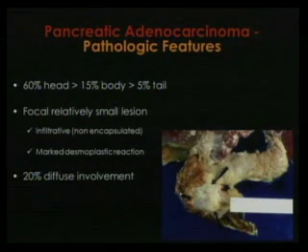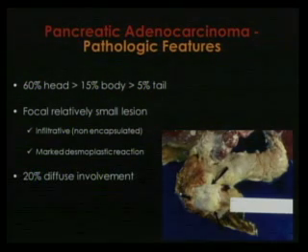Most of these tumors are located in the head, 60%, 15% in the body, and 5% in the tail of the pancreas, and most of the time they are focal lesions. Low-density lesions with significant desmoplastic reaction. That's why this fibrotic tumor is very difficult to biopsy before any surgery to determine the histology.